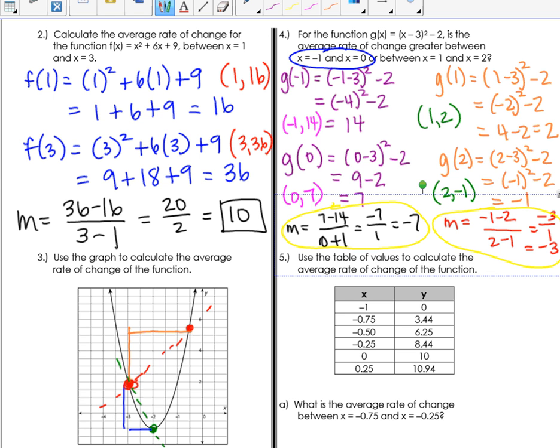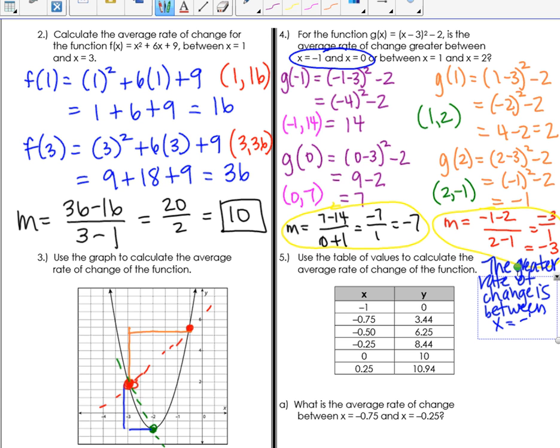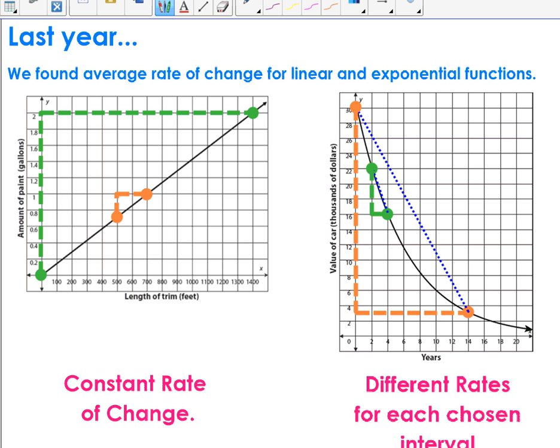So you can think about it linearly, like we were talking about here.